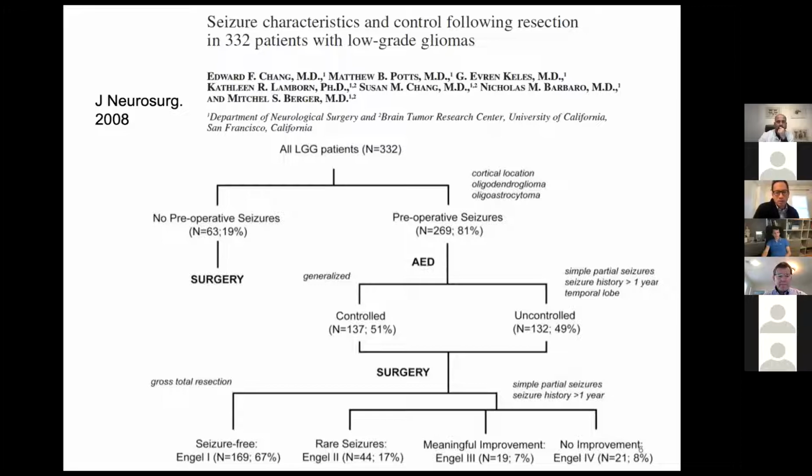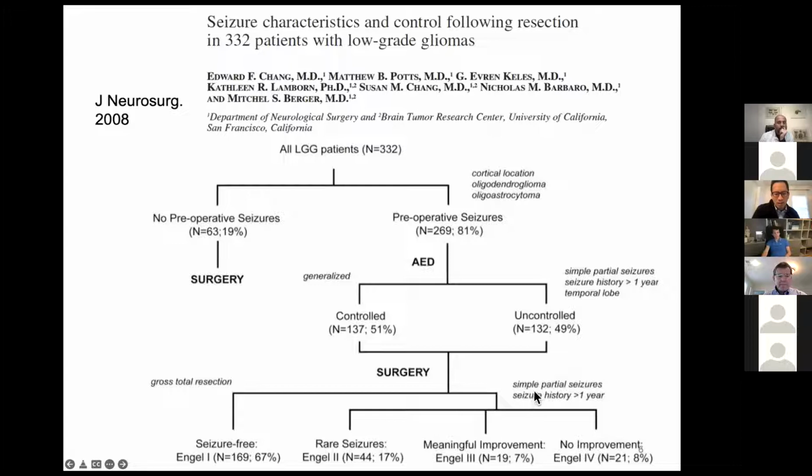So Mitch and I did this study. In fact, when I was a resident in training with him, we started looking at outcomes in patients that were having uncontrolled seizures and controlled ones in the setting of low-grade gliomas. This is one of the first large series, and the things that you'll see in this partitioning of 332 patients was that gross total resection was by far more strongly associated with seizure-free outcome compared to subtotal resection.